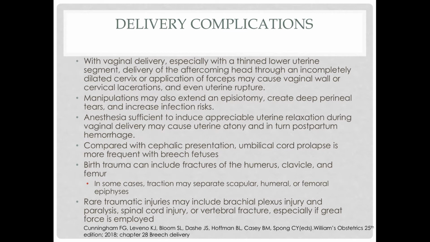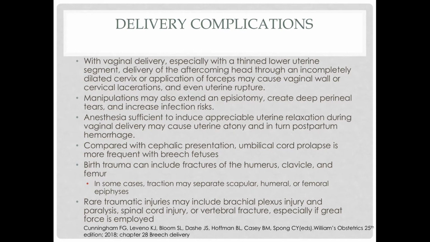Now, what are the delivery complications? With vaginal delivery, especially with a lower or a thin lower uterine segment, delivery of the aftercoming head of a breech fetus through an incompletely dilated cervix or application of forceps may cause vaginal wall or cervical lacerations and even uterine rupture, although that's quite rare. Manipulations may also extend an episiotomy, thus creating deep perineal tears and increased infection risks.